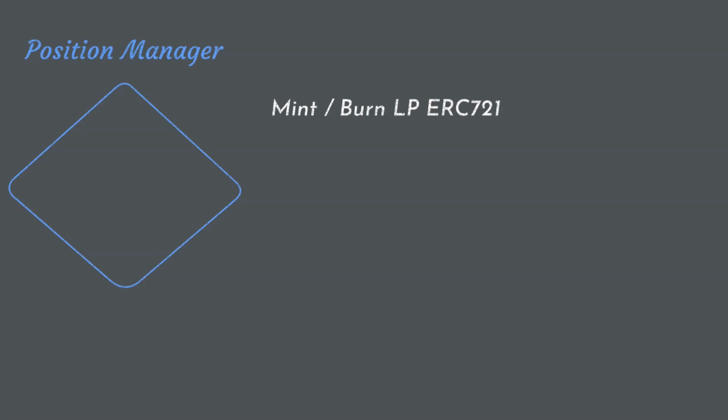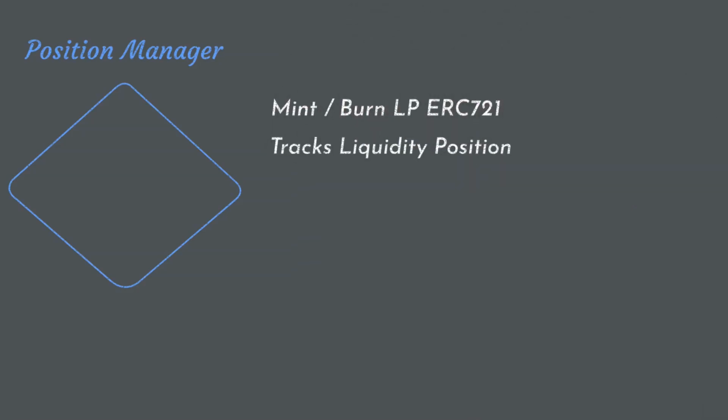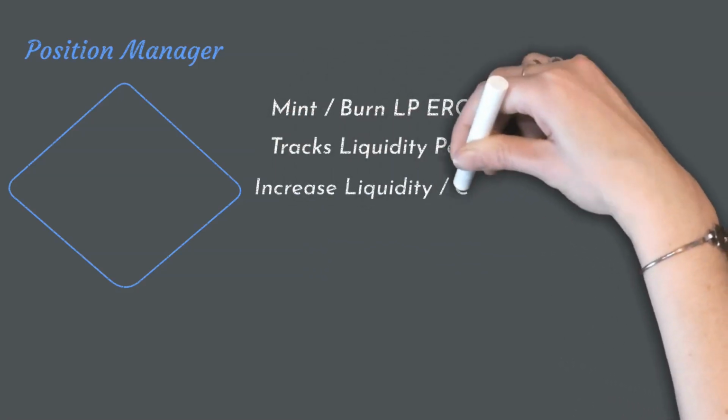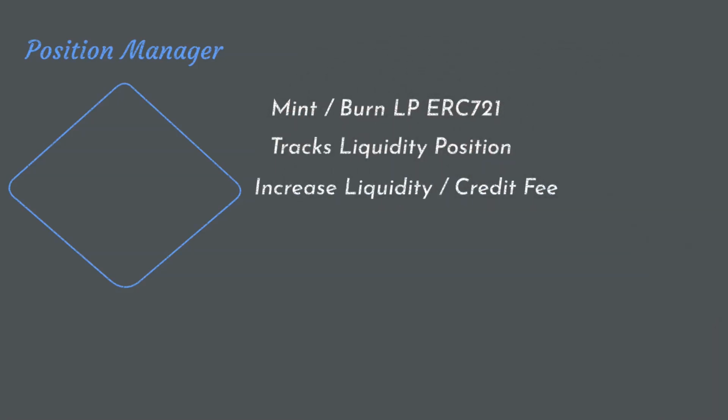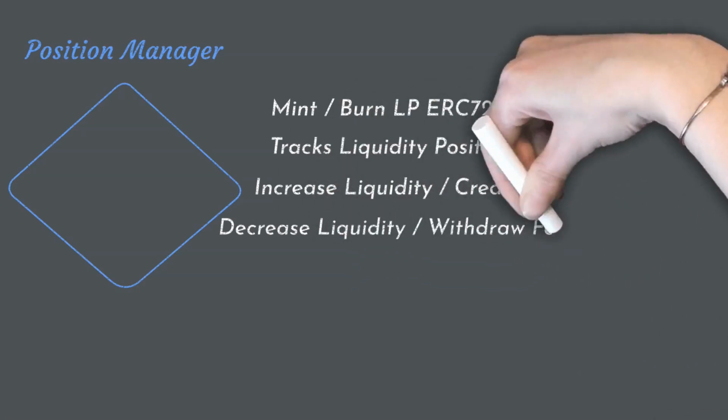The Position Manager also tracks each position as an NFT, letting providers keep a unique record of their liquidity. Unlike older versions, version 4 makes it simple. When liquidity providers add liquidity, fees automatically get credited to the pool. On the other hand, when they withdraw liquidity, those fees come straight back to them.